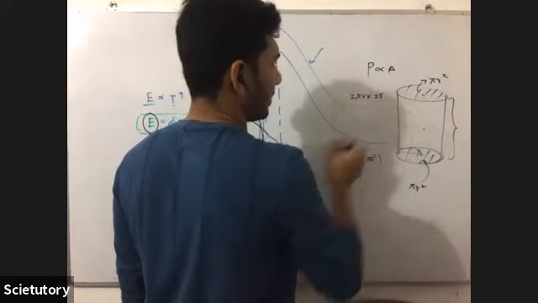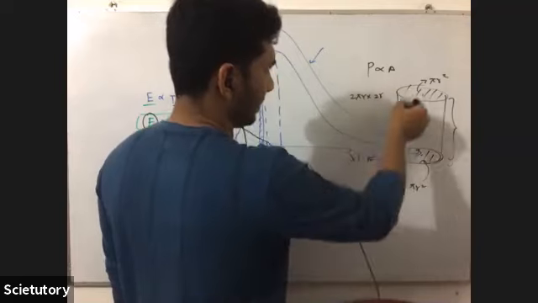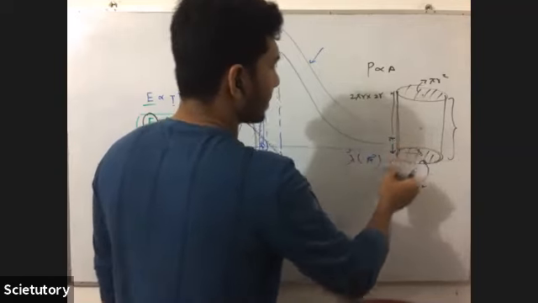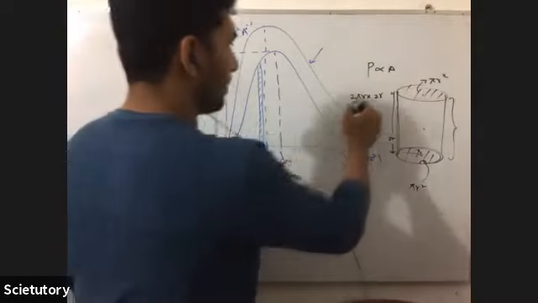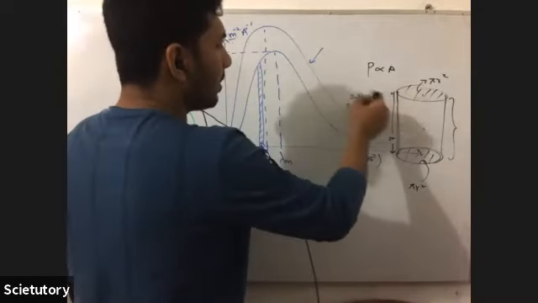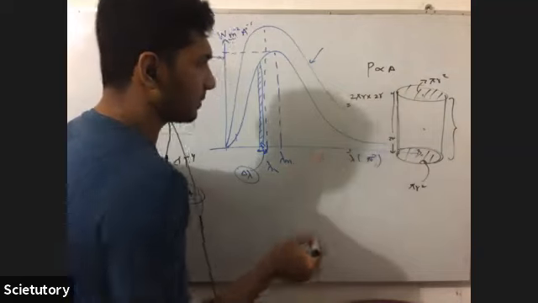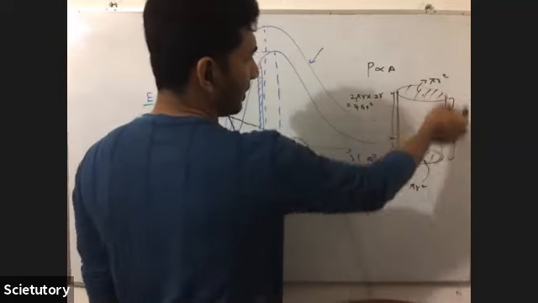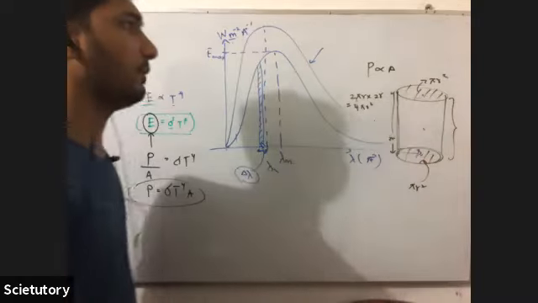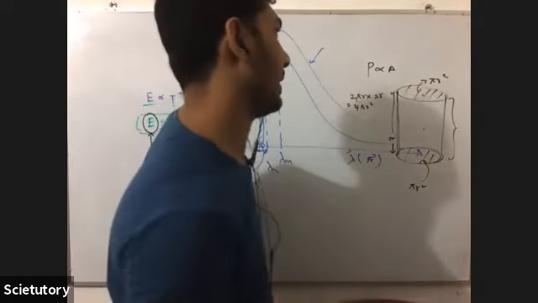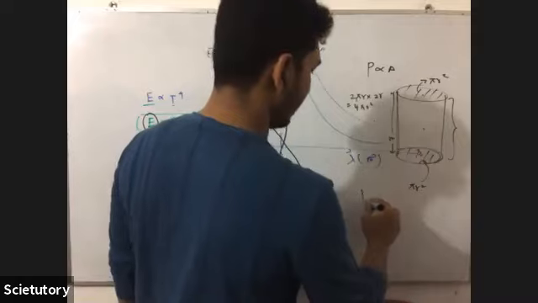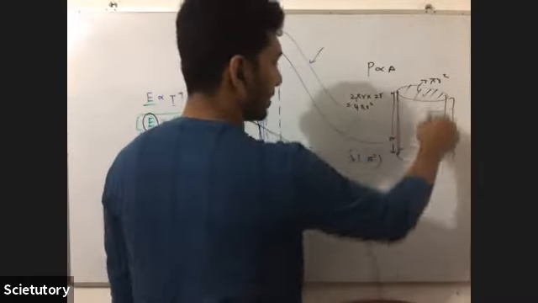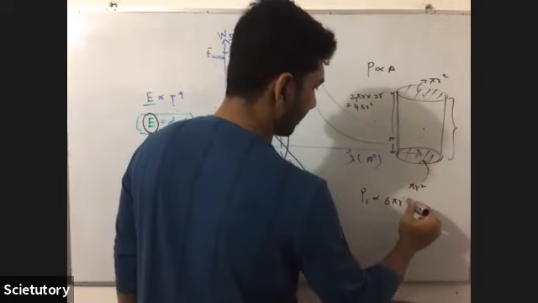Here the length L is 2r, so we have to put 2r. So this is 4 pi r squared, and the two faces give 2 pi r squared. So initially P1 is directly proportional to 4 pi r squared plus pi r squared plus pi r squared, 6 pi r squared.